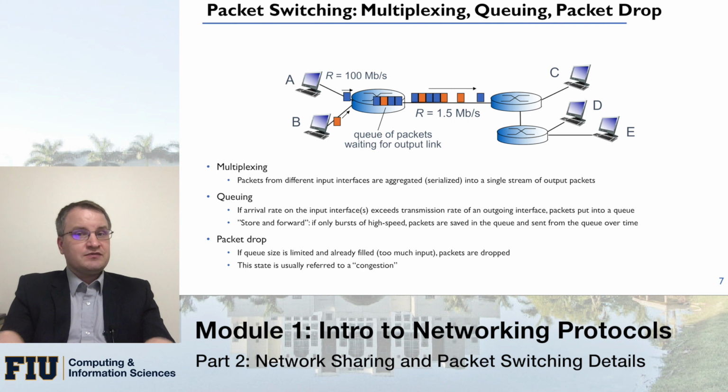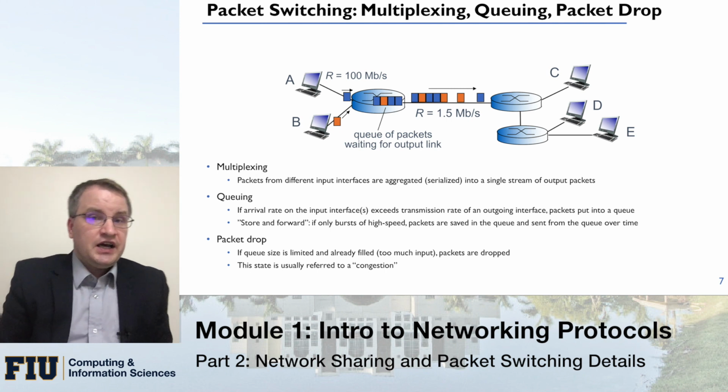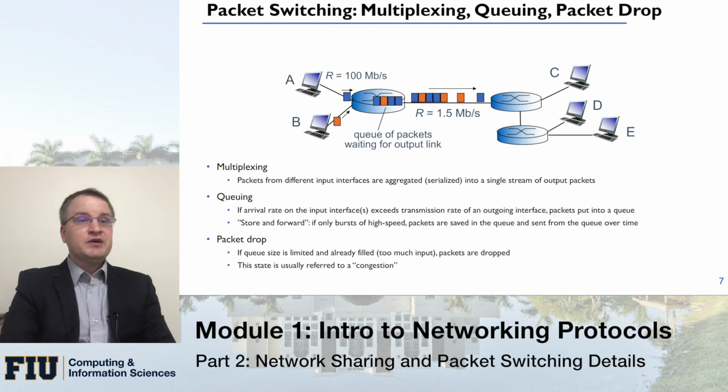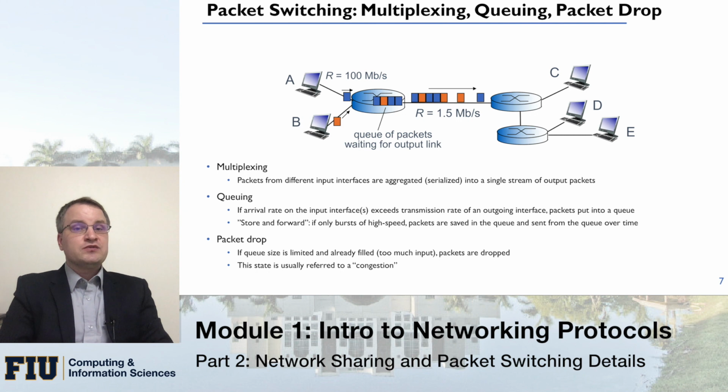But if you have a different picture, as illustrated on the slide, where one inbound link is 100 megabits per second and the outbound is only 1.5 megabits per second, so it's about 100 times smaller, then we potentially have a problem. Maybe not a big problem, depending on how much traffic node A is actually pumping into the network.